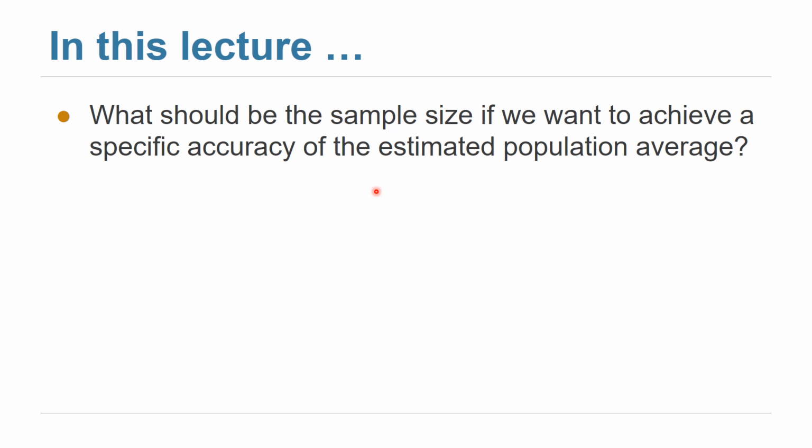Remember that we have a population, we want to estimate the average of that population. For that, we take a sample, we compute the average of that sample, and we want to have an estimate or accuracy of that estimate.